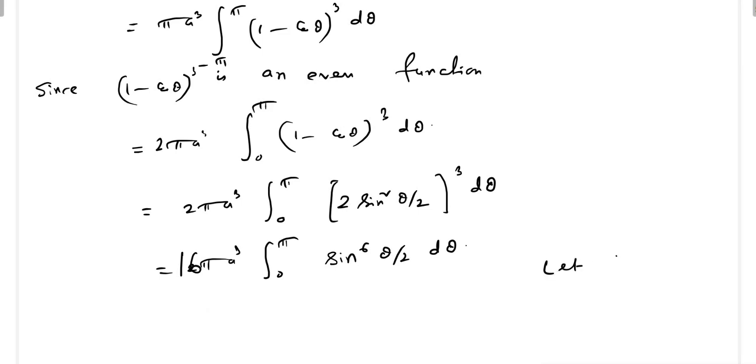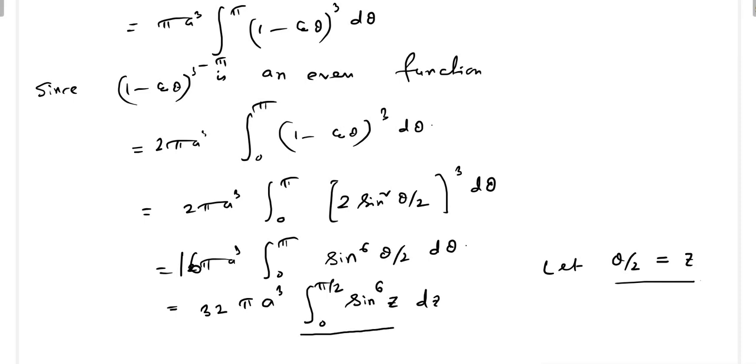Let theta by 2 equal to z. This will be 32 pi a cube, the integral from 0 to pi by 2 of sine to the power 6 z dz.